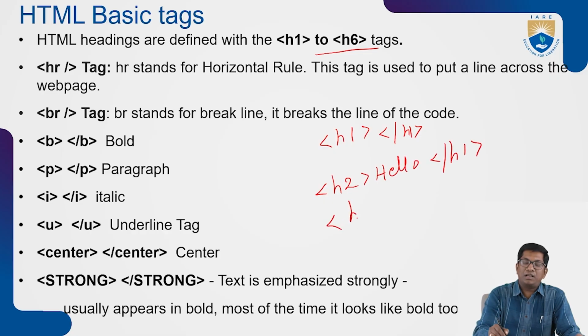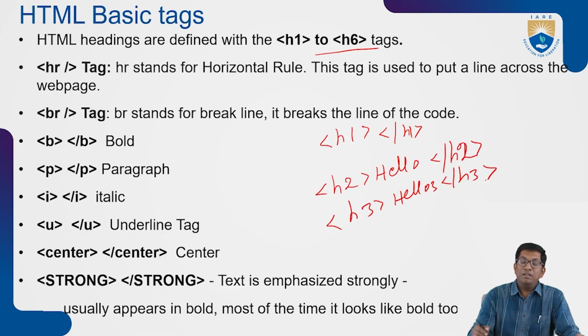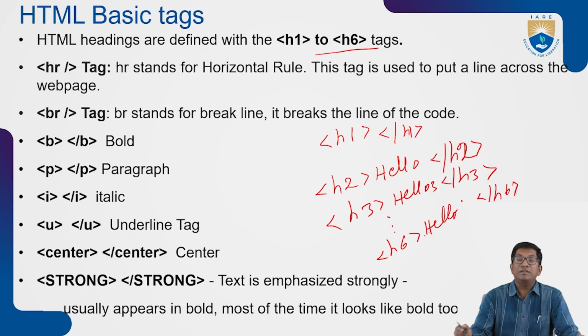Like this, we can write H3, hello 3, and like this we have H6 headers. So in different sizes, they will display. Different headers, so we can display the content in different sizes by using header tags.